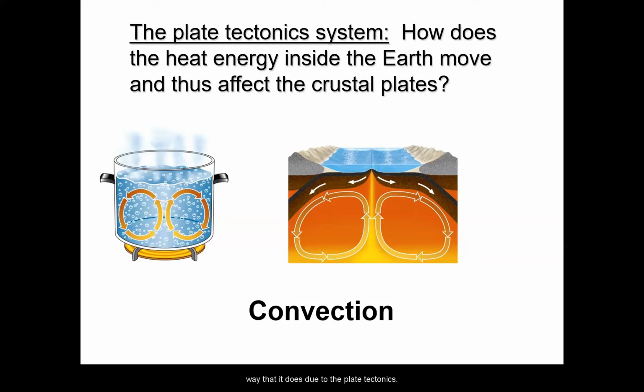Really, I should say lithospheric plates, because we've got crust here, we've got upper mantle here, and they behave as one rigid lithospheric unit in response to Earth's interior heat in a process called convection.